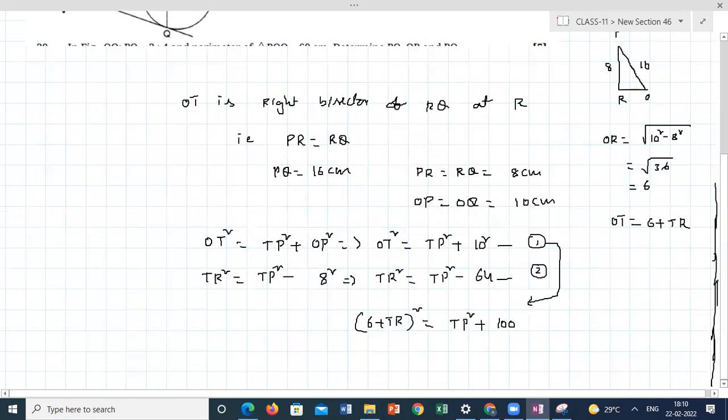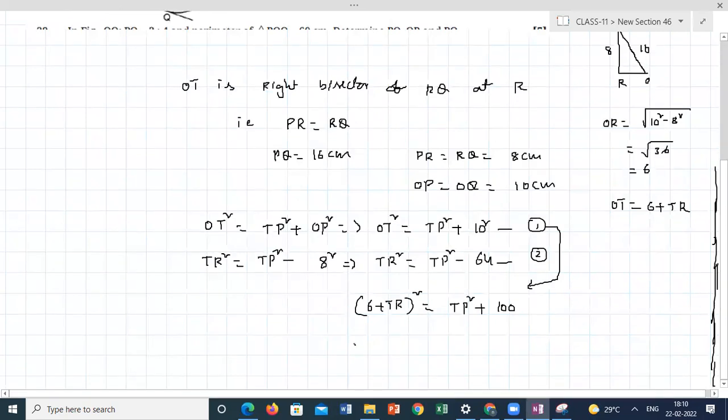So from here, 36 plus TR square plus 12 TR is equal to TP square plus 100. We know TR square is equal to how much? TP square minus 64.